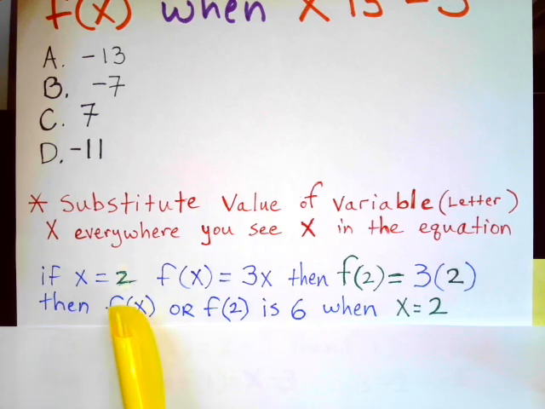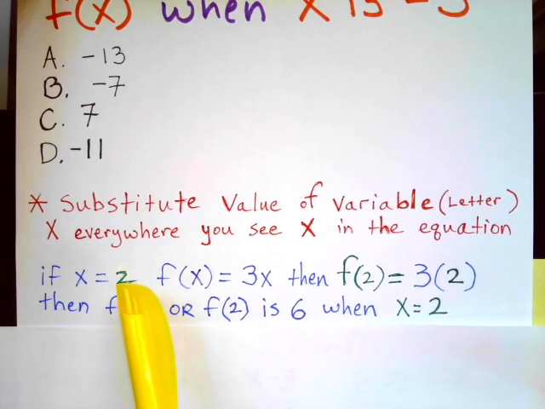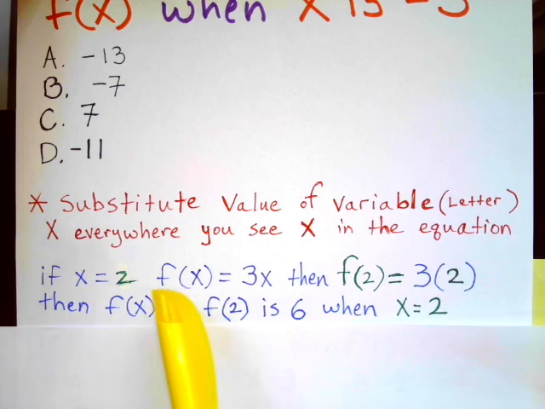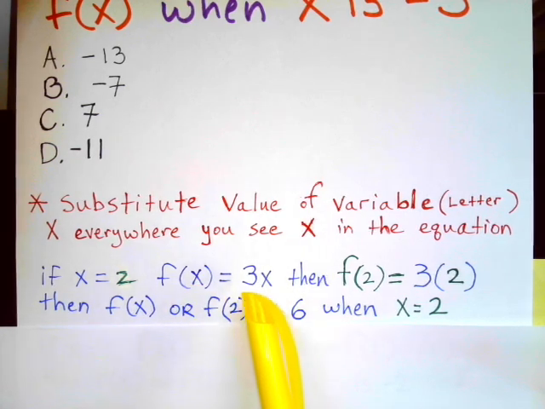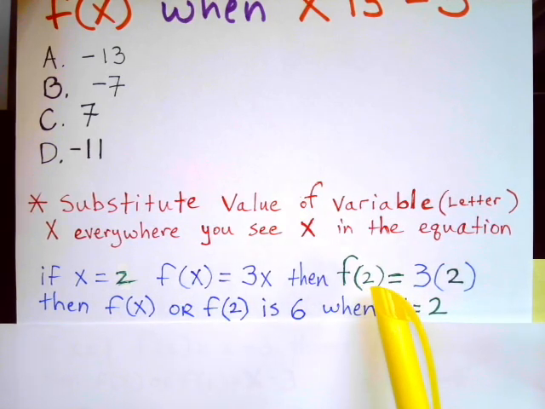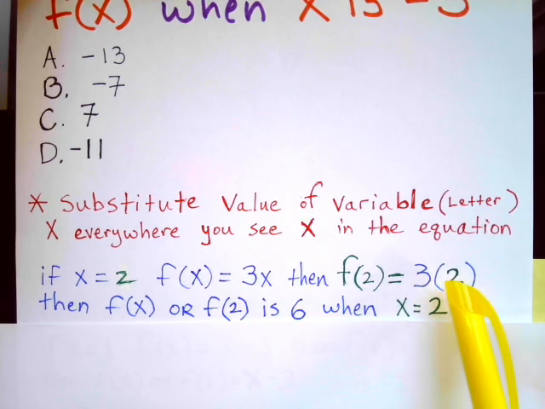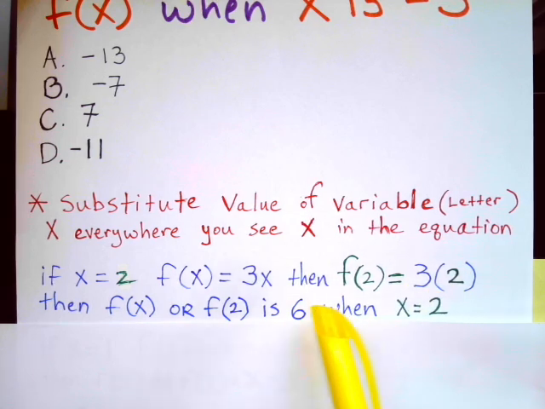If x equals 2, and the f of x function equals 3x, then everywhere you see x right here, you're going to substitute whatever x equals. And if x equals 2, I'm going to put a 2 right there where both of these x's are. So this is basically saying the function of 2 equals 3 times 2, right? When you have these values together and there's parentheses or they're really close by, that means to multiply.